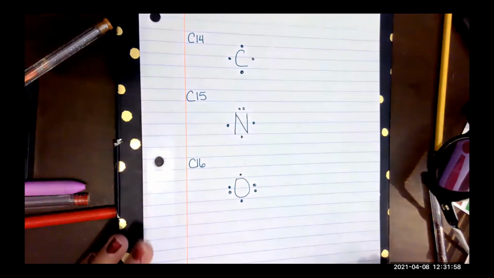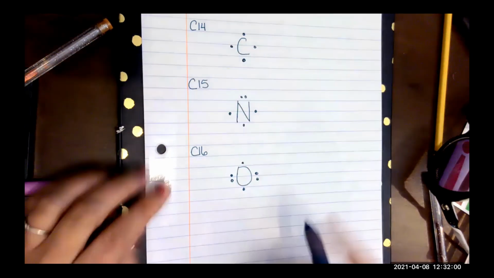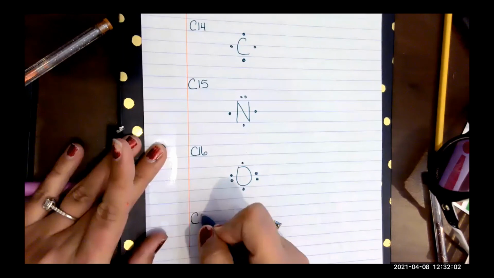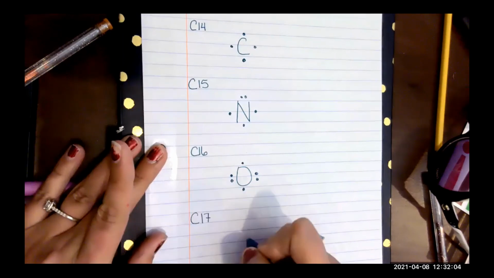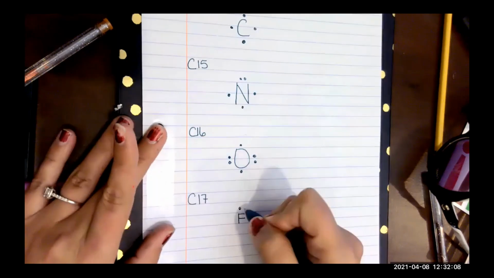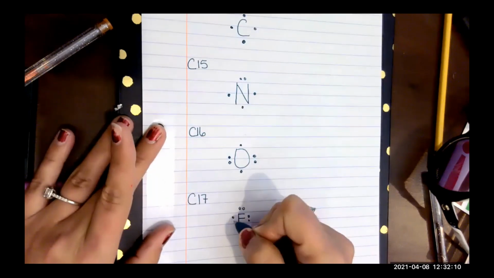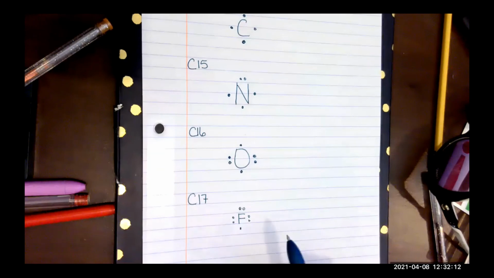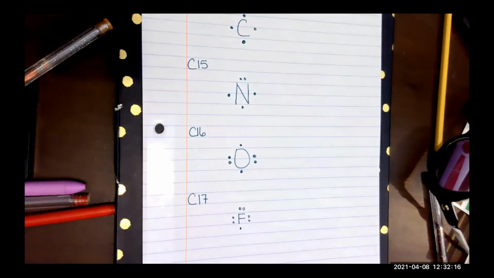Then you have column 17, which is like a Lewis dot that looks something like this. It only has 1 available bond. That's why column 17 elements are always found on an end, because it doesn't really hold things together. Column 17 elements are never central atoms.